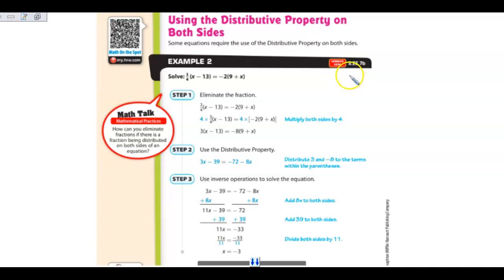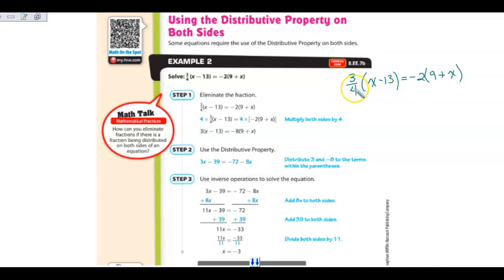So our equation is 3/4 times x minus 13 equals -2 times 9 plus x. And you'll see that we have this distributive property on both sides.